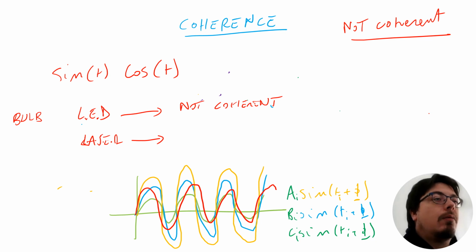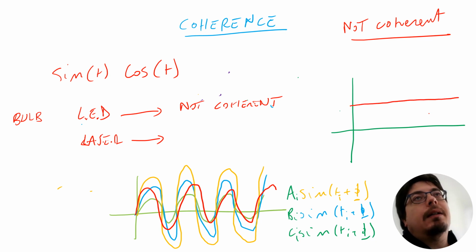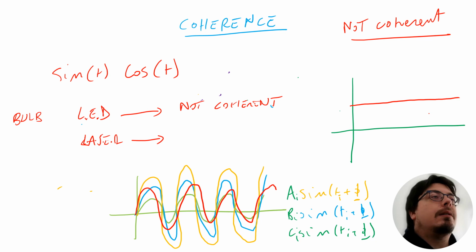Now, what we drew before was an intensity where the mean intensity was a line, and it was not fluctuating like a laser. I mean, sorry.